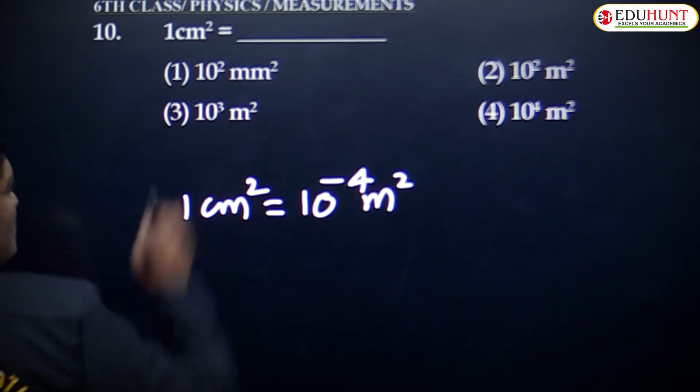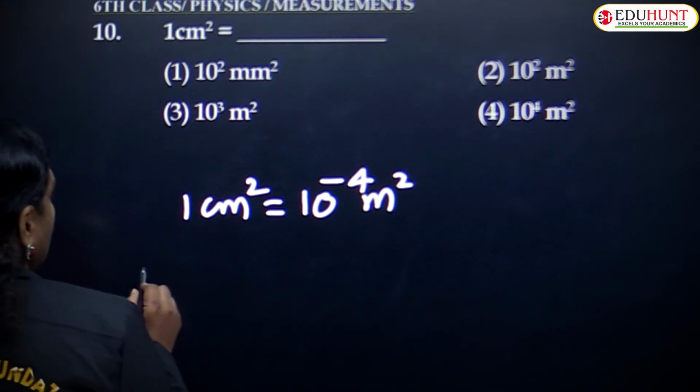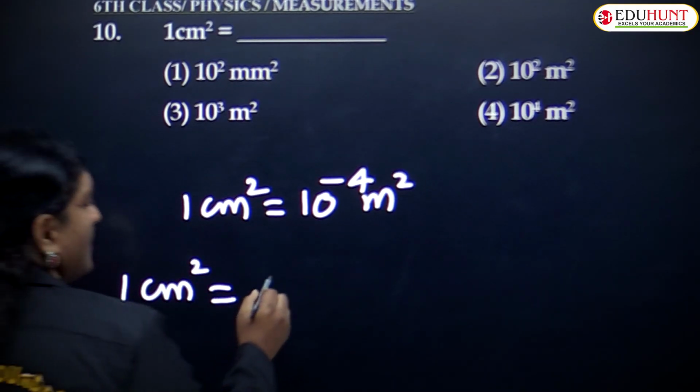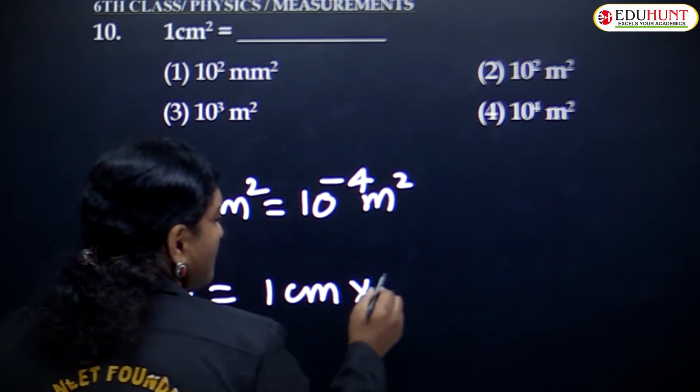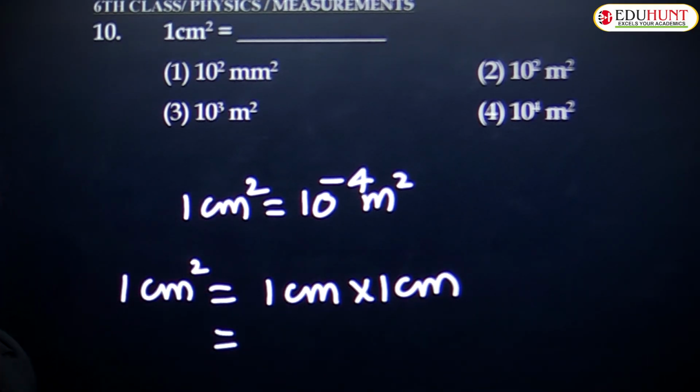Now, let us try to check whether the first option is true or not. So, in the first option, we have 1 centimeter square, which can be written as 1 centimeter into 1 centimeter. But we know from the earlier classes that 1 centimeter is 10 millimeters.